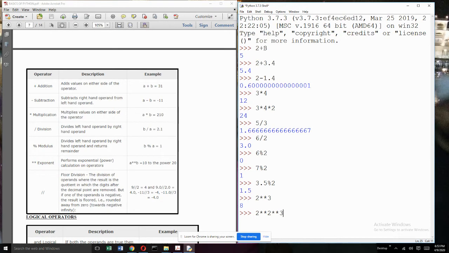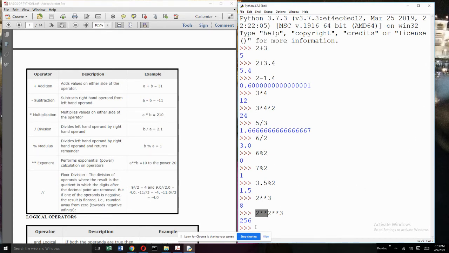Right to left means first 2 raised to the power 3 will be done, which is 8, and then 2 raised to the power 8 will be solved. So it is going to move from right to left, not left to right. The answer is 256.